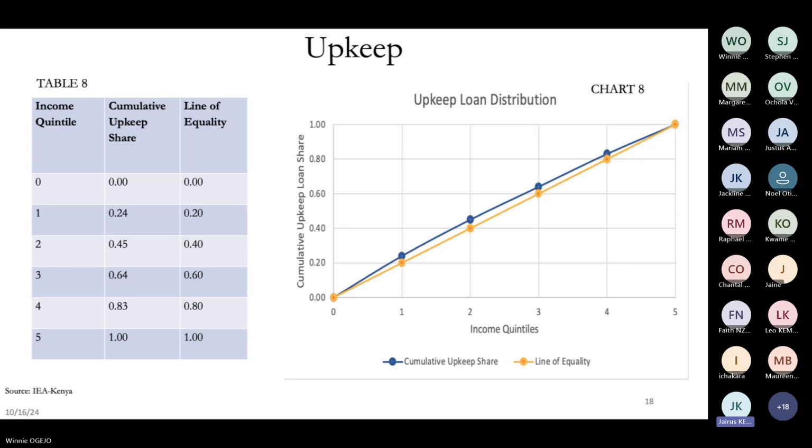Equity consideration dictated the distribution, whereby we find that the lower income groups at the top were appropriated more resources compared to the higher income groups at the bottom of the table.